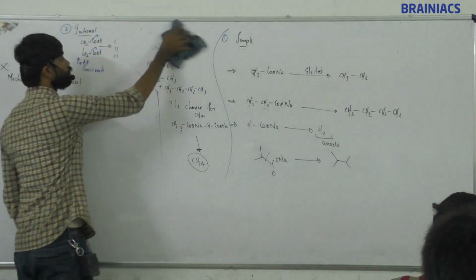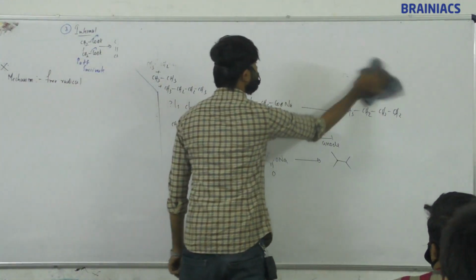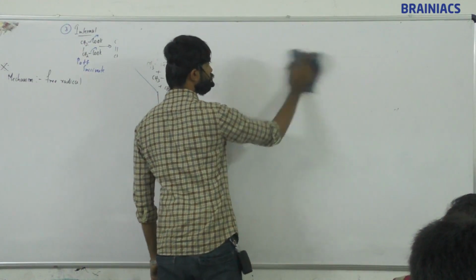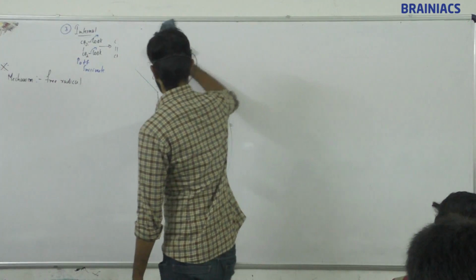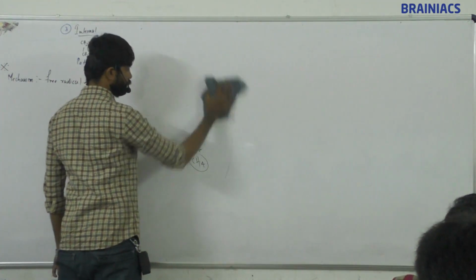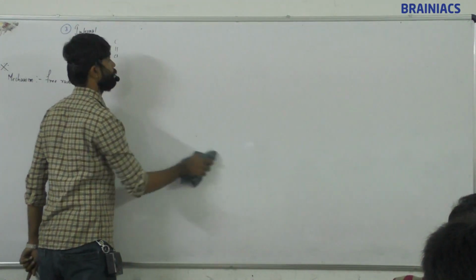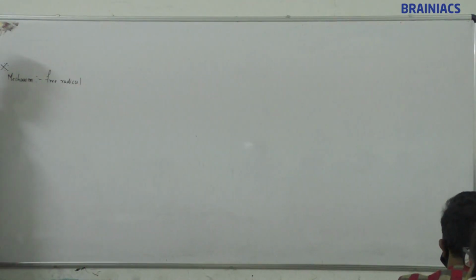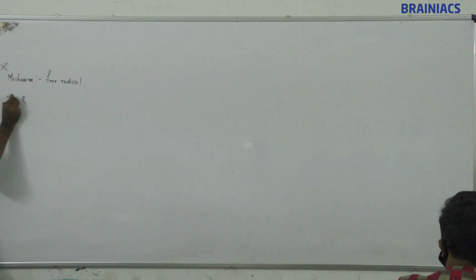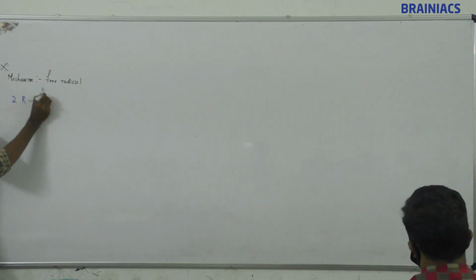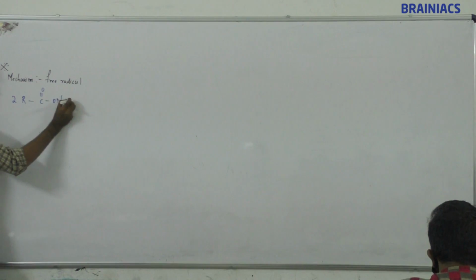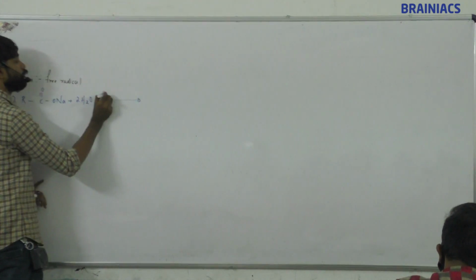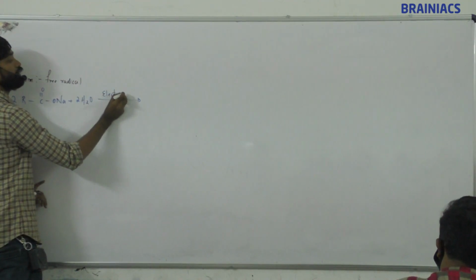Okay, so I'll explain the mechanism. This is electrolysis. You know the logic of electrolysis: there is an anode, cathode, and electrolyte. Electrolysis means the process of decomposition of an electrolyte by the passage of electricity, right?